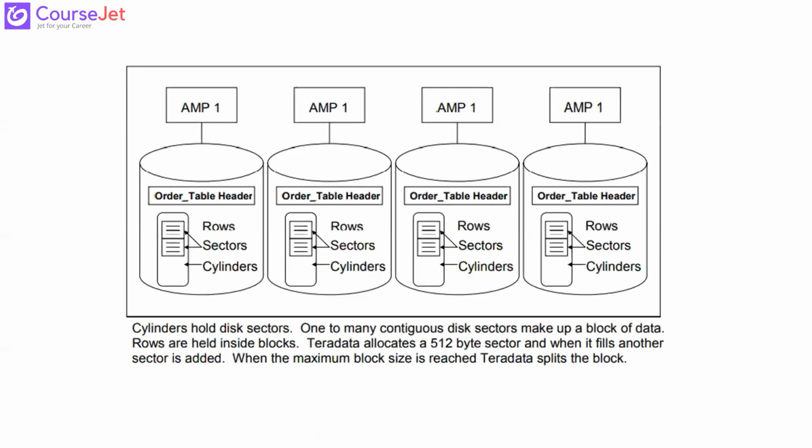This is an example of a data block. The cylinder holds these sectors, and one or two or more sectors will make up a block of data. Rows are held inside these blocks. So when the max is reached, it will be split into other blocks. This thing is called a block.